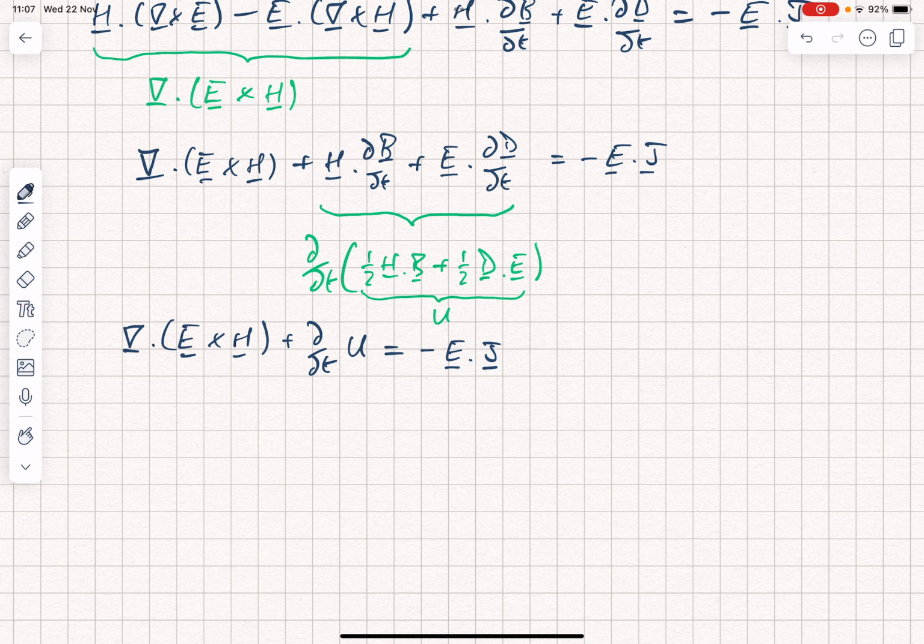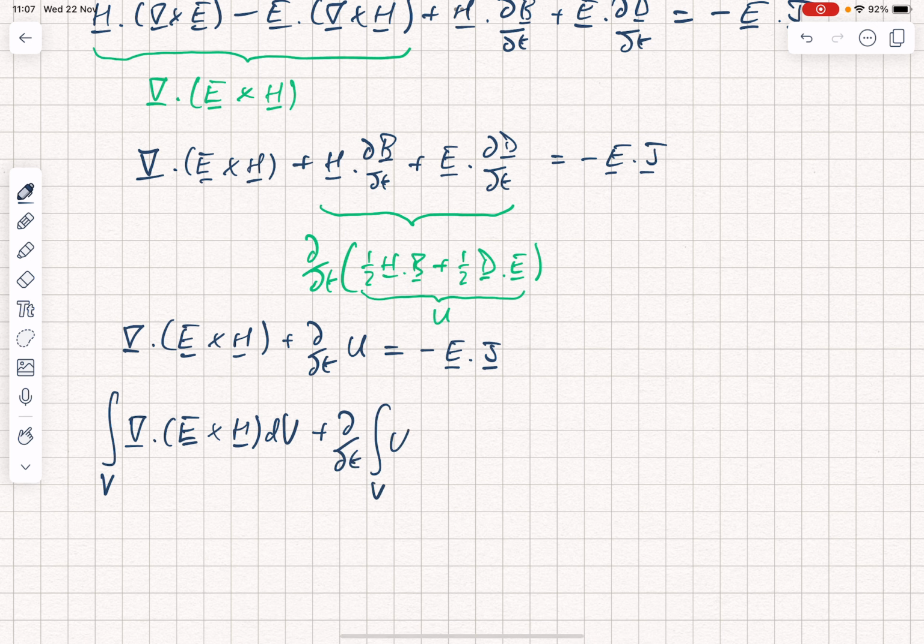So this so far has simply been a manipulation of two of Maxwell's equations. We're now going to integrate over the volume containing the fields. So we get the volume integral of the divergence, and that should be setting off alarm bells, of E crossed with H dV plus the time derivative of the volume integral of the energy density is equal to minus the volume integral of E dot J dV.